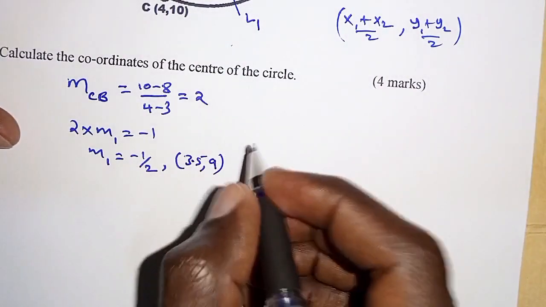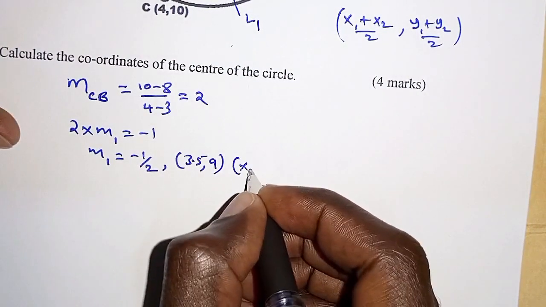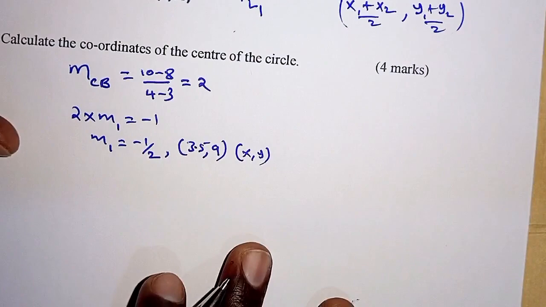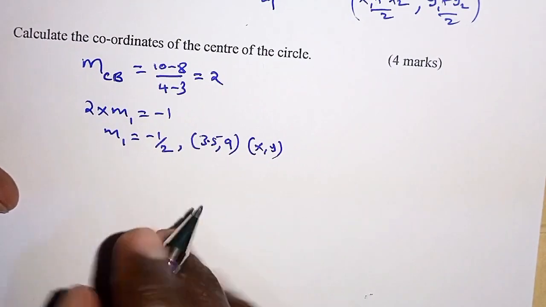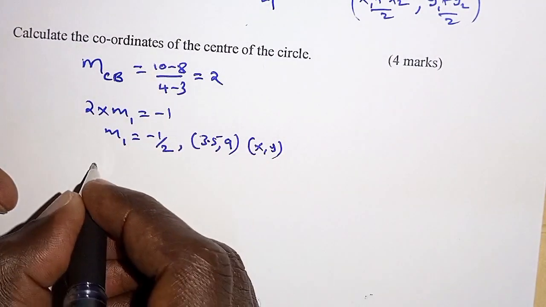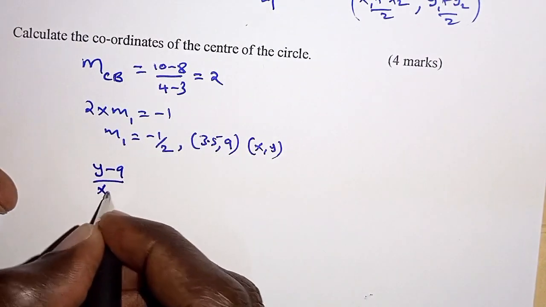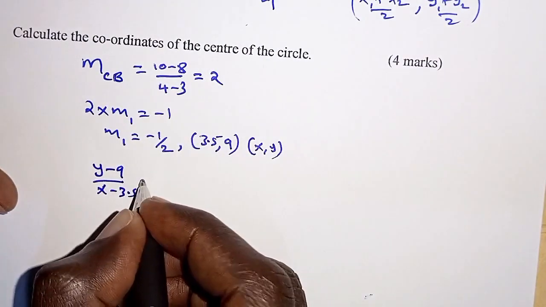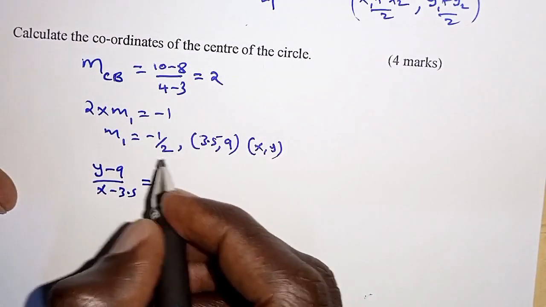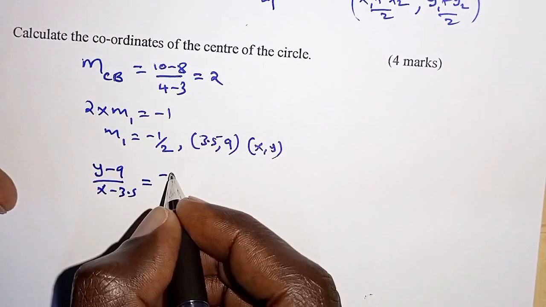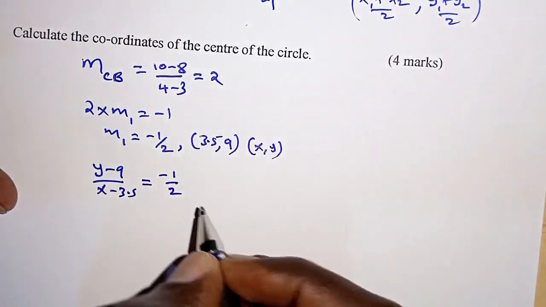We also need to consider an arbitrary point xy. So change in y over change in x, that is y minus 9 over x minus 3.5 should be equal to the gradient, which is -1 over 2.